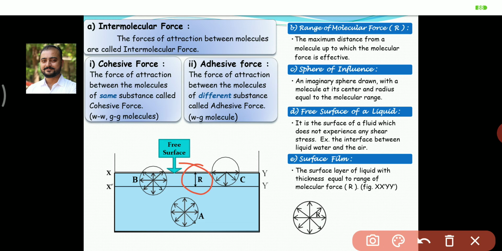This particular thickness of the liquid layer, equal to the range of molecular force, is called the surface film. In this diagram, x dash y is the surface film. You can observe that this red line indicates the surface film, the thickness of the surface layer equal to the range of molecular force.